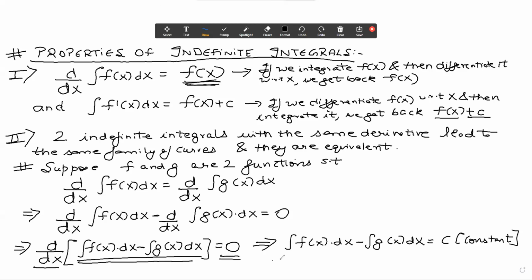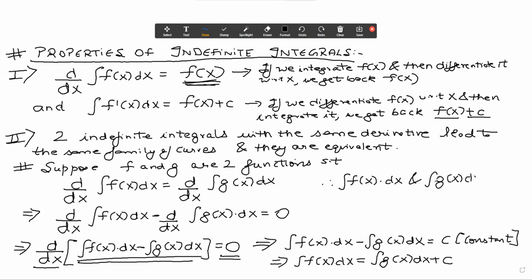So I can say that integral fx dx is equal to integral gx dx plus c. So they are equivalent. So therefore, integral fx dx and integral gx dx are equivalent.